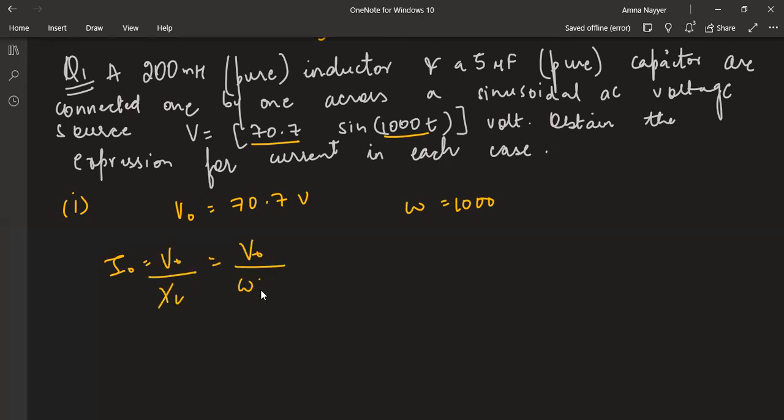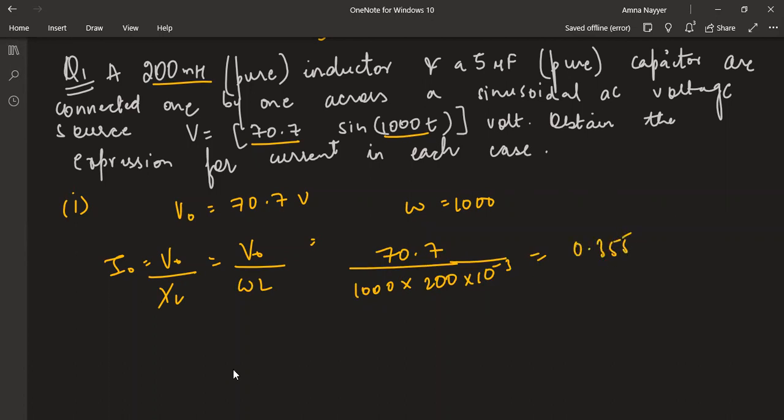And XL is omega L. L we already have. So this will be 70.7 divided by omega into L. L is 200 millihenry. So that will be what you people are getting, 0.355.